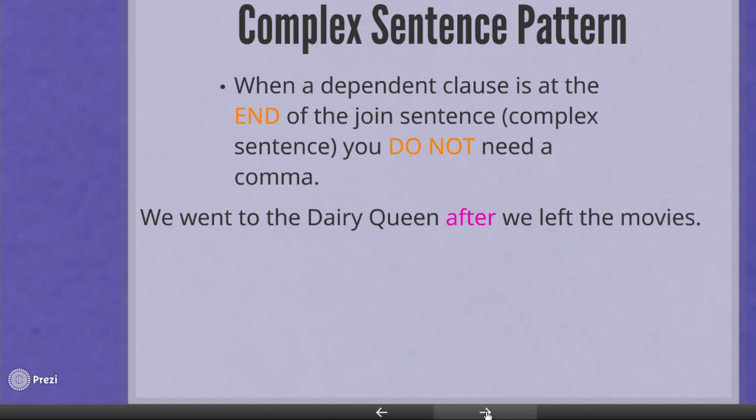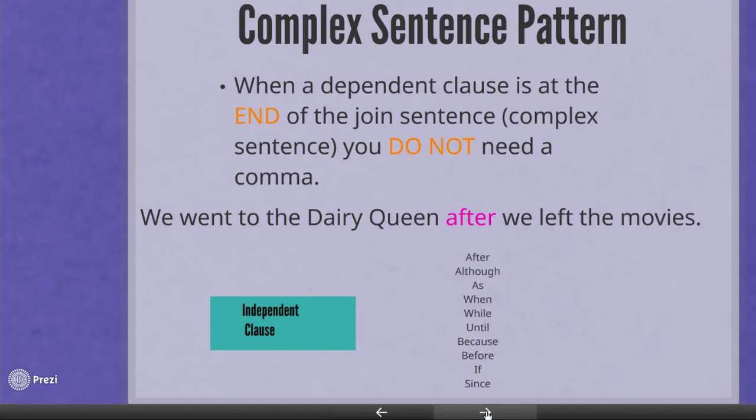So now we have our independent clause located at the beginning of our complex sentence, and our AAAWWUBBIS word, which is after, takes the place of our comma. And now we have our dependent clause, after we left the movies, located at the end of our complex sentence.